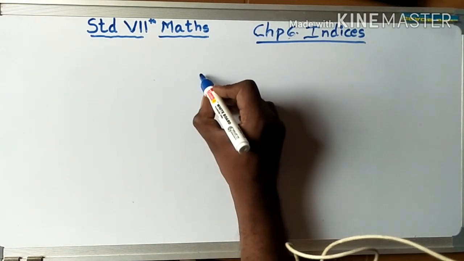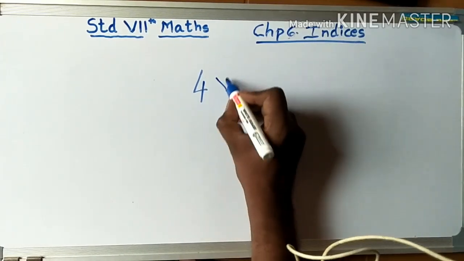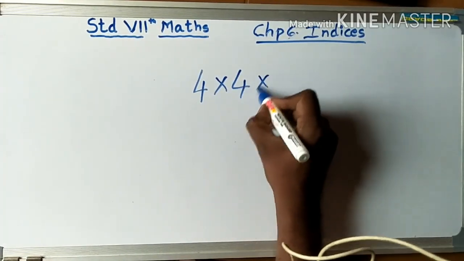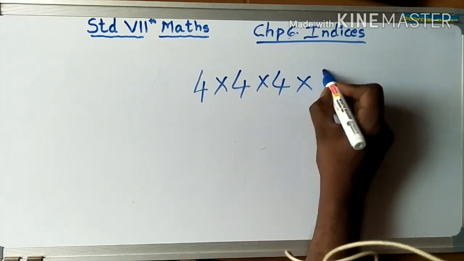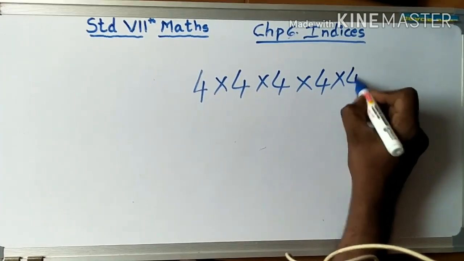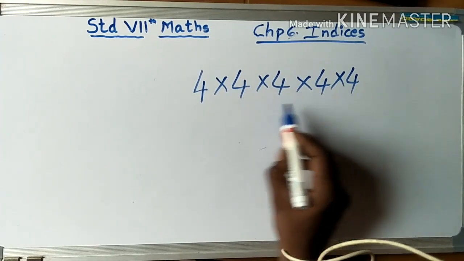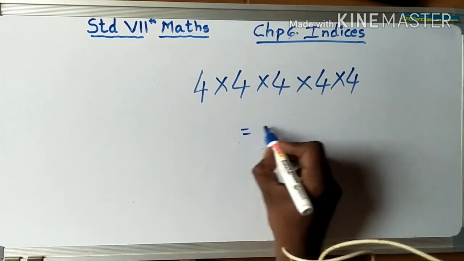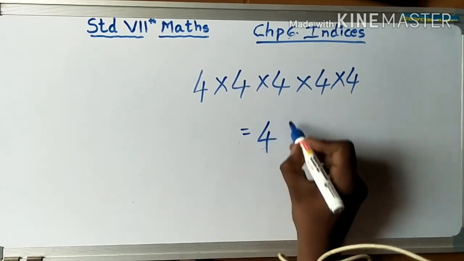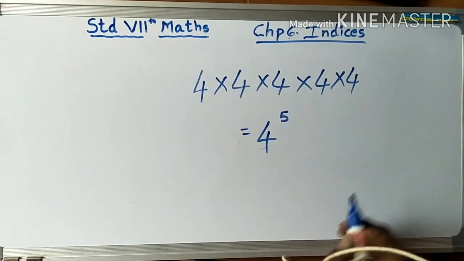Let's say I have 4 one time, two times, three times, four times and five times. Now 4 is given as 5 times, so you can write this as 4 raised to 5.